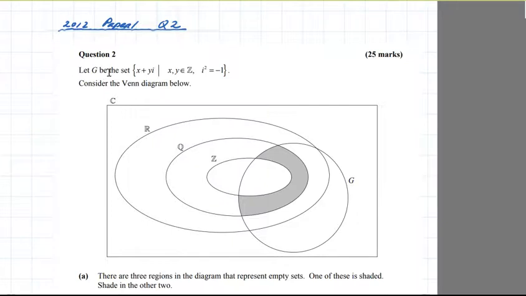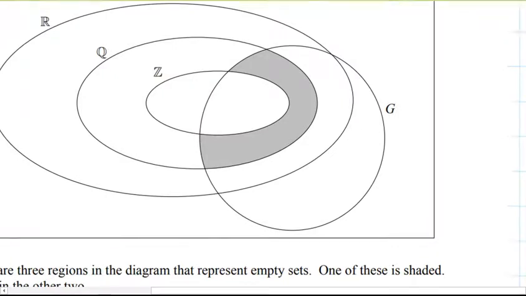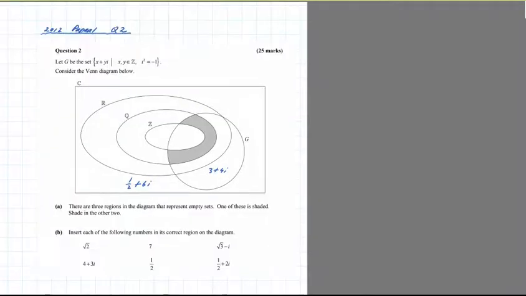He's not allowing real numbers in our complex set here. He's only allowing integers, whole numbers basically. So for example, in G you could have a number like 3 plus 4i, because 3 and 4 are both integers. But you couldn't have, for example, a half plus 6i. That would belong out here. So he's got a new set G which only allows whole numbers.